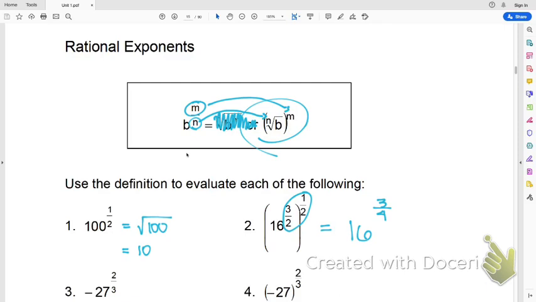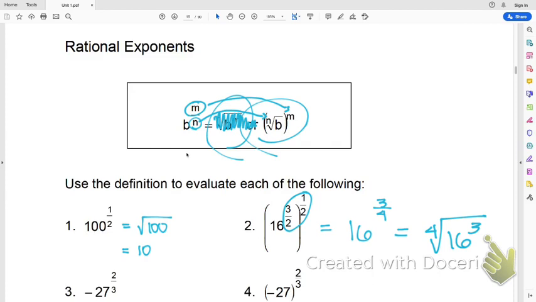Let me play devil's advocate for a minute and say we didn't cross out that middle one. You don't have a calculator. This middle rule right here said that you can write this as the 4th root of 16 raised to the 3rd power. What would you have to do first in that situation? 16 to the 3rd. Anyone know that off the top of their head?